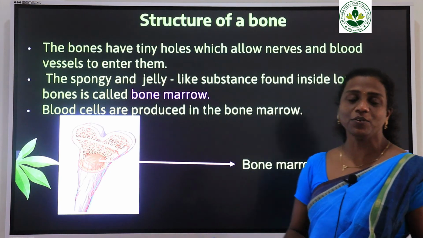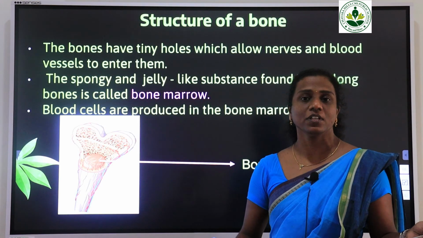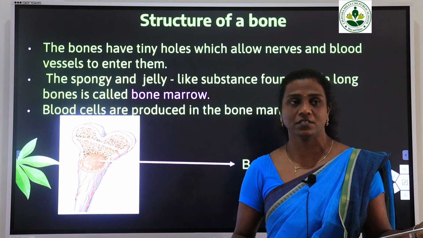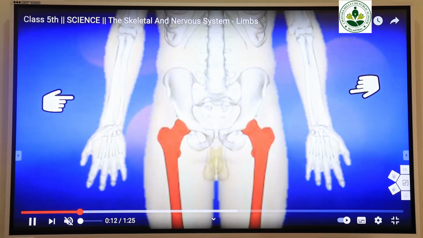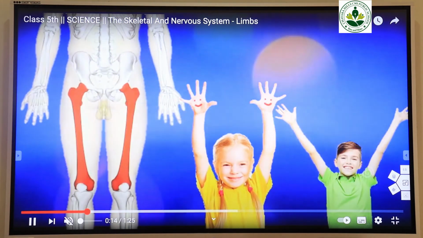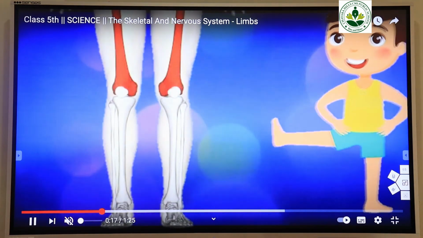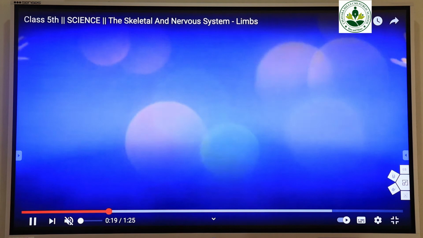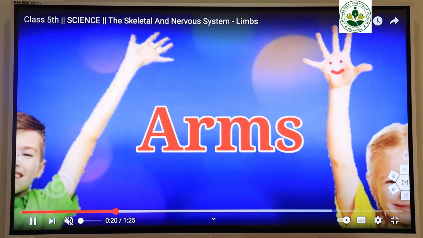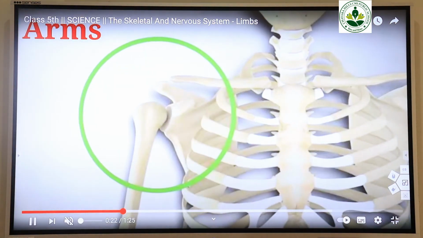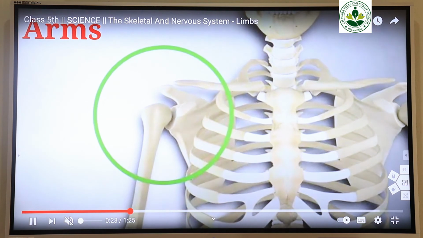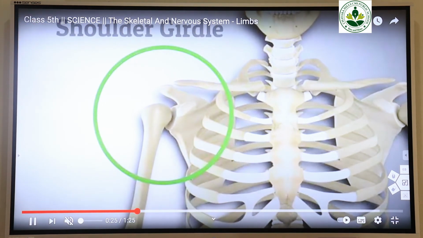Now we can check a video about the structure of limbs and ribcage. Limbs: you can see here our limbs, arms and legs together. We can check the arms first. The arms are connected to the spine through shoulder girdles.